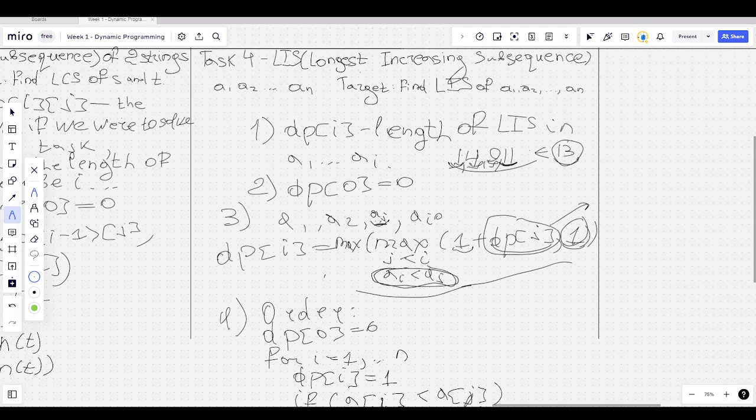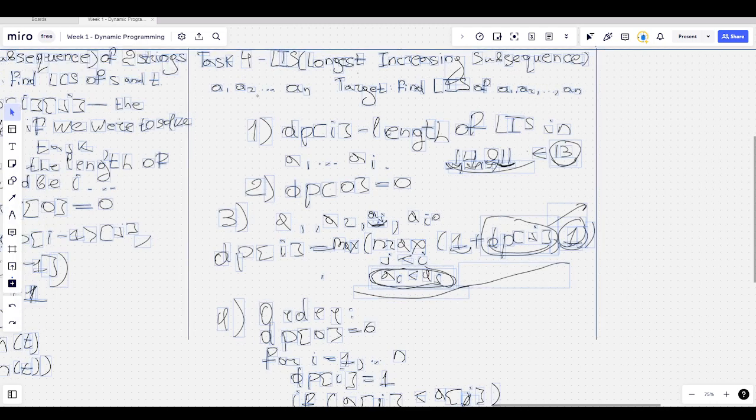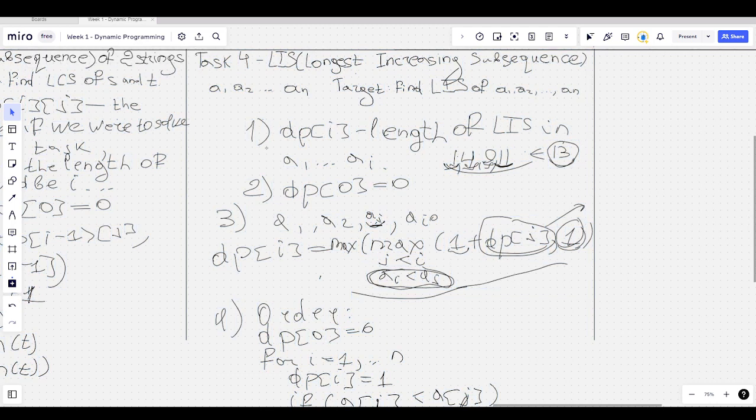Longest increasing subsequence. Subsequence means the same in this task, and we consider the following sequence. The target is to find the longest increasing subsequence of A1, A2, AN.